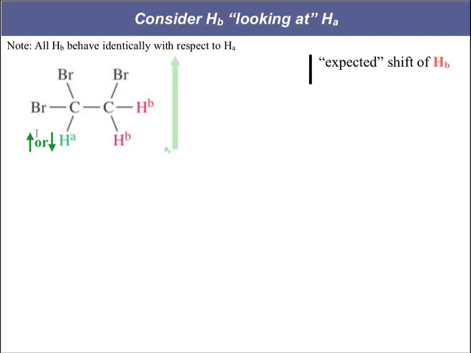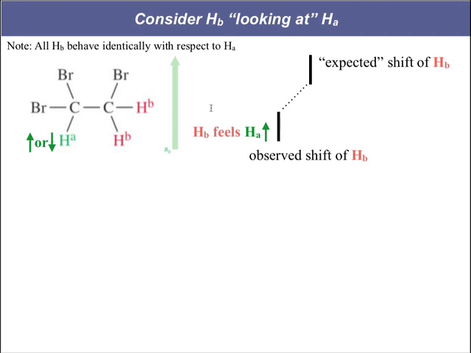That means that it's going to shift a little bit downfield from where we would expect HB feeling HA aligned up. But HA could also be down. And if HA is down, that's going to oppose the external magnetic field and kind of cancel it out, which means that B's are going to feel the external magnetic field minus A's magnetic field. And so it's going to shift a little bit upfield.